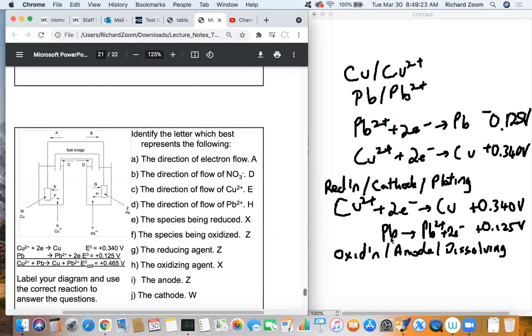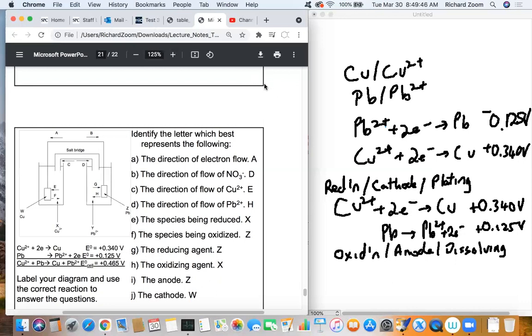Species being oxidized, that's a lead turning into lead 2 plus. So the species being oxidized is the Pb, the lead, which is going to be Z over here. Yeah. Does anybody have any questions?